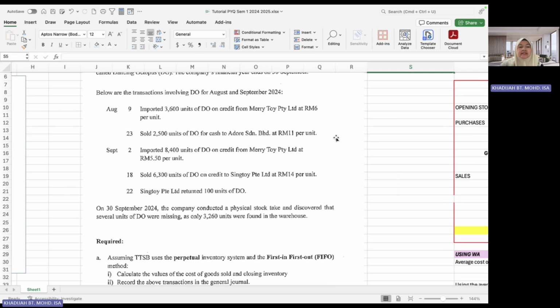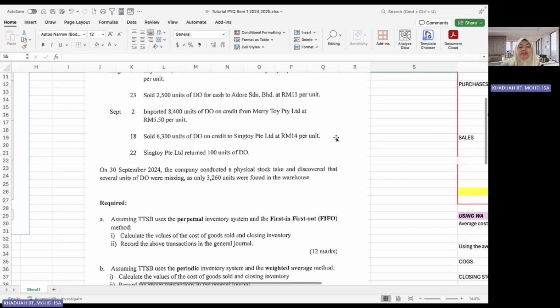September 2nd, imported 8,400 units of DO on credit from Mary Toy Private Limited at 5 ringgit and 50 cents per unit. On 18 September, sold 6,300 units of DO on credit to Sing Toy Private Limited at 40 ringgit per unit. On 22nd September, Sing Toy Private Limited returned 100 units of DO.